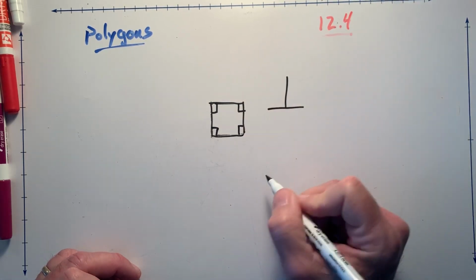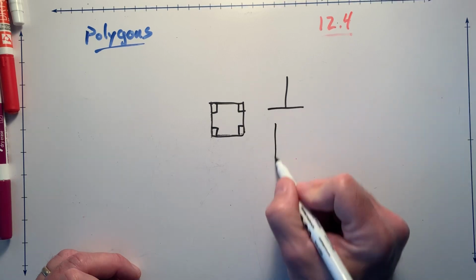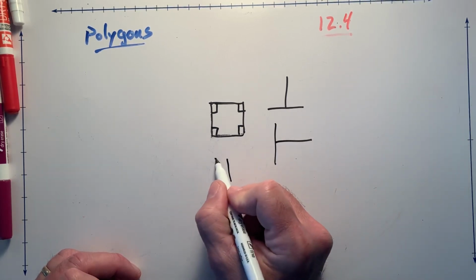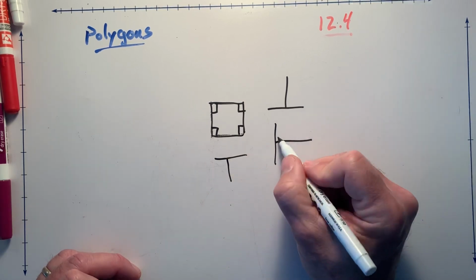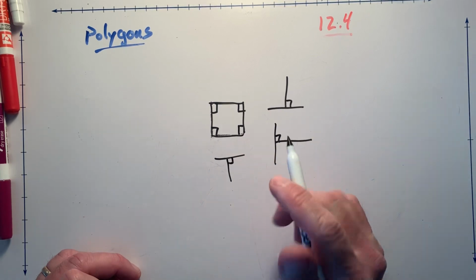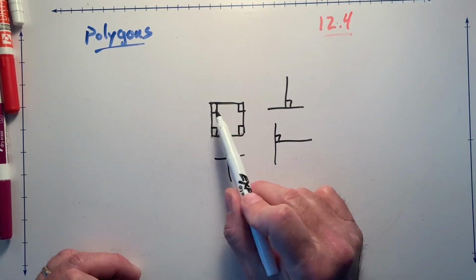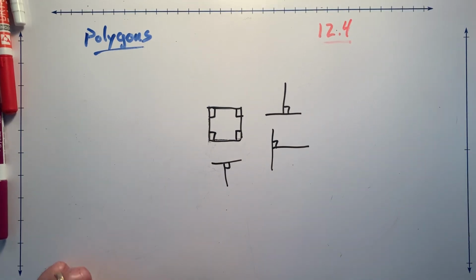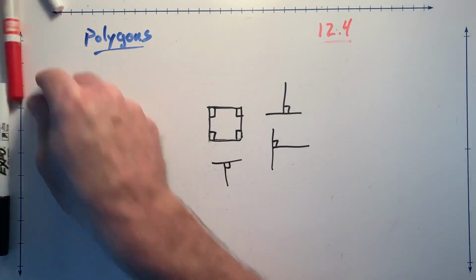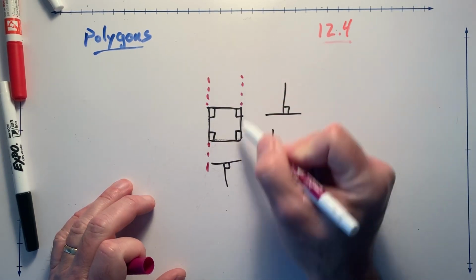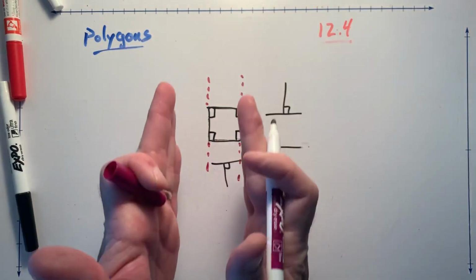If it makes an upside down T, or a sideways T, or a right way up T, then they are perpendicular because a T is perpendicular. So we have perpendicular lines, we have intersecting lines, and sure enough, these lines go forever. These lines go forever. What do you notice about these sides?